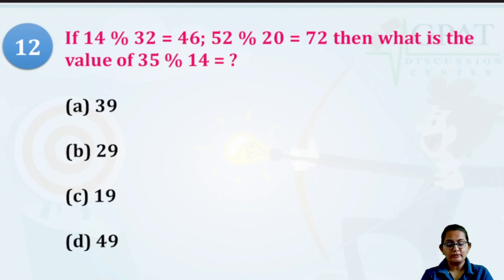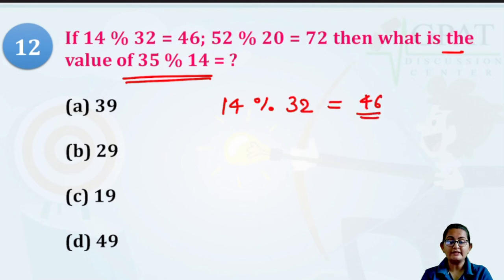Next is question number 12 here. It is given if 14% 32 is 46, 52% 20 is 72, then what is the value of 35% 14? Now, the thing is you have to find the relation here also. You don't have to find the percentage, okay? You have to find the relation of how you are getting 46 as the answer.